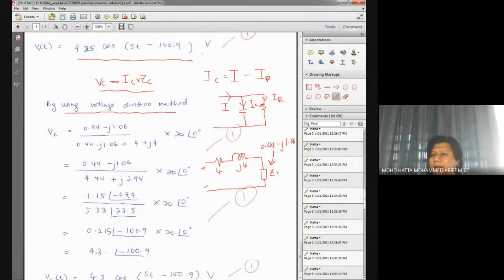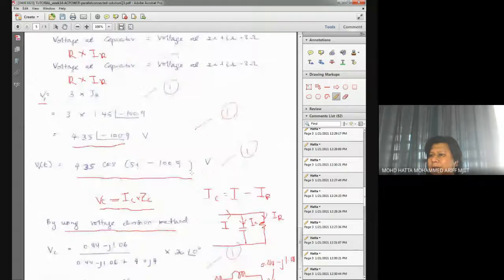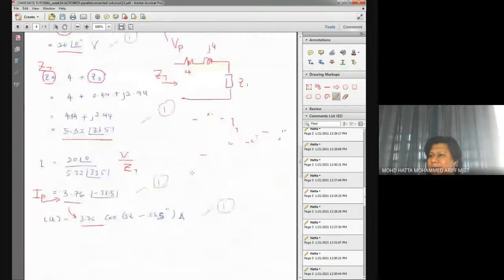Okay. And looking at this solution, if you like to find what is the value of voltage over here, the V is basically the same value of VR and also the same value of VC. Okay, because we have a parallel connected element that I mentioned just before this.